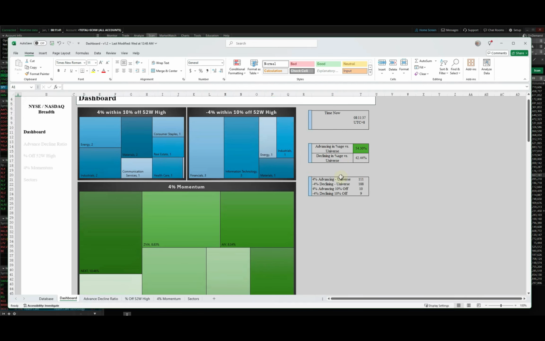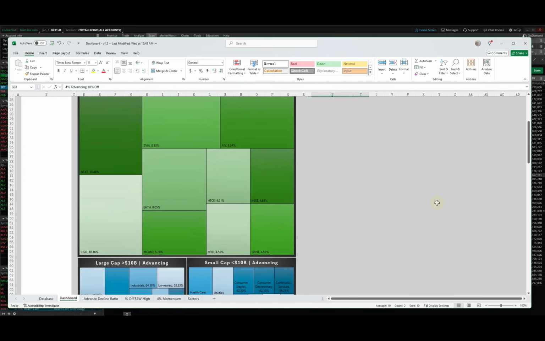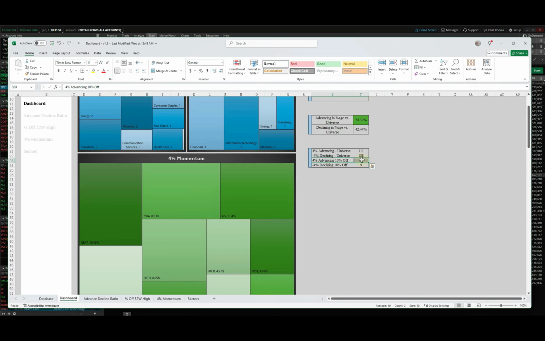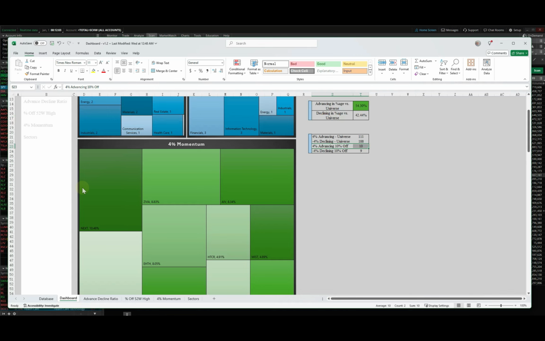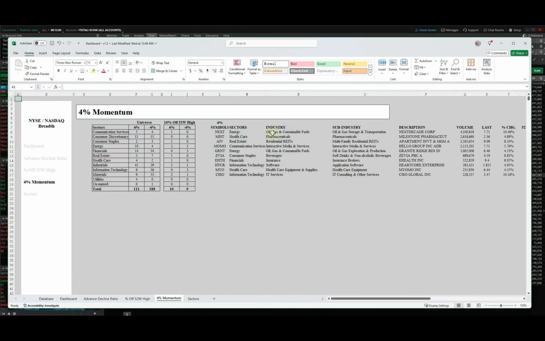And these are the 4% stocks. Here, 4% momentum, these are the 10 stocks: 1, 2, 3, 4, 5, 6, 7, 8, 9, 10. So these 10 stocks are advancing within 10% of 52-week high, and we can see it in the representation rather than going here and checking this kind of table.